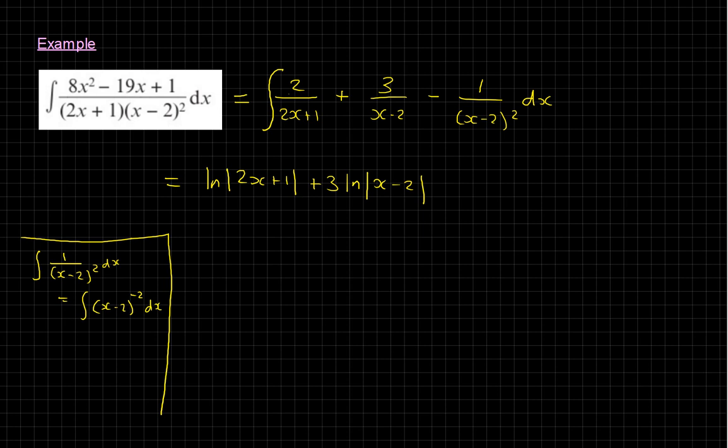So then let's try finding the derivative of x minus 2 to the power of minus 1. So by chain rule, that will be minus x minus 2 to the power of minus 2 times the derivative of the inside, and the derivative of the inside is 1. So if I'm multiplying this whole thing by 1, then it doesn't change.